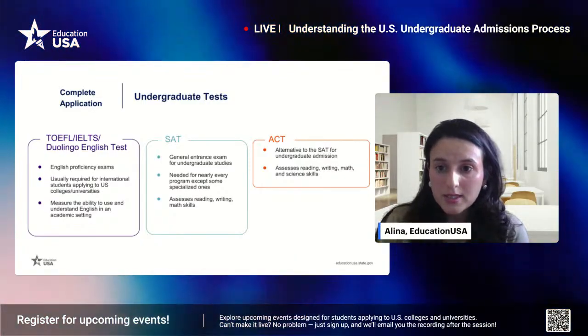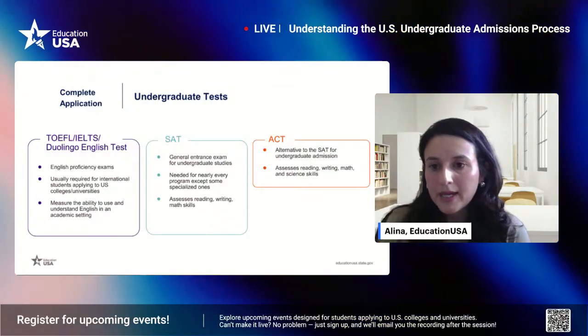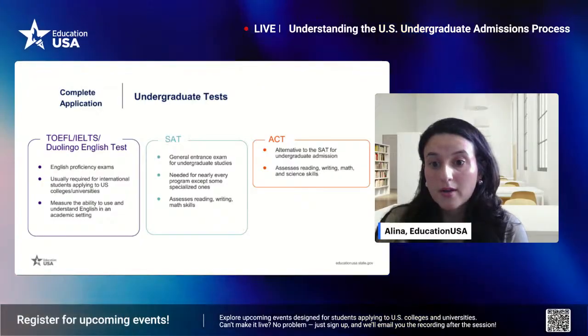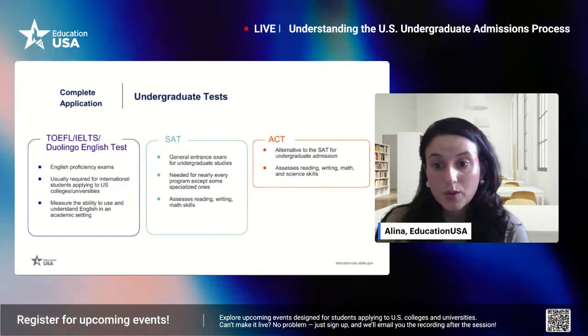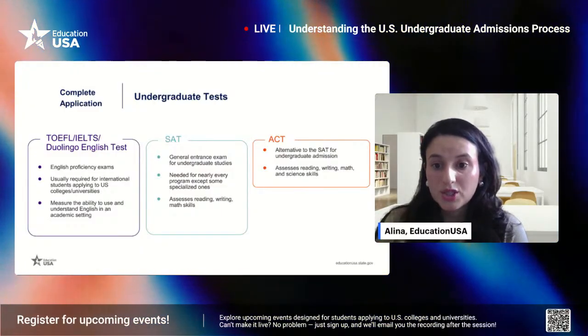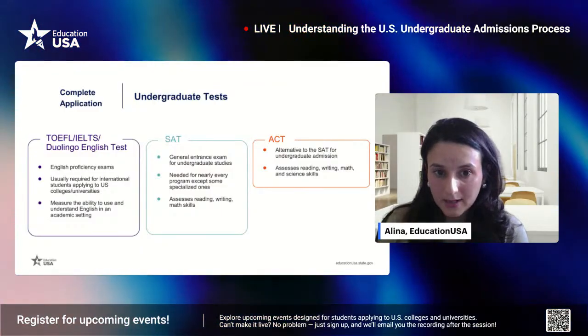The main ones are TOEFL, IELTS, and Duolingo. Those are English proficiency exams. They are usually required for international students applying to US colleges and universities, and they measure the ability to use and understand English in an academic setting.